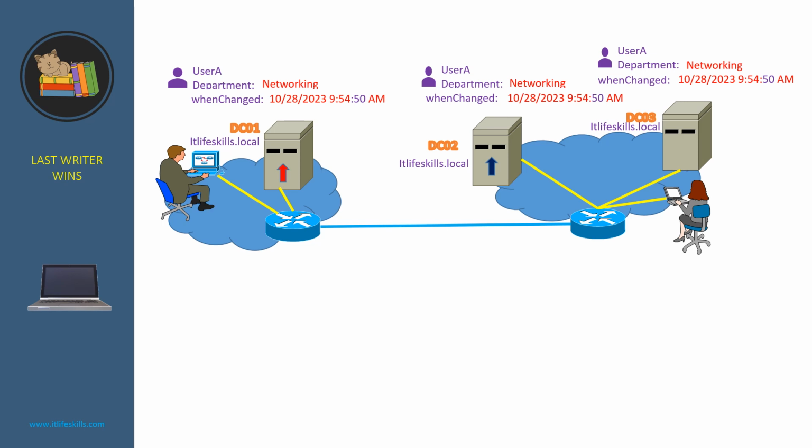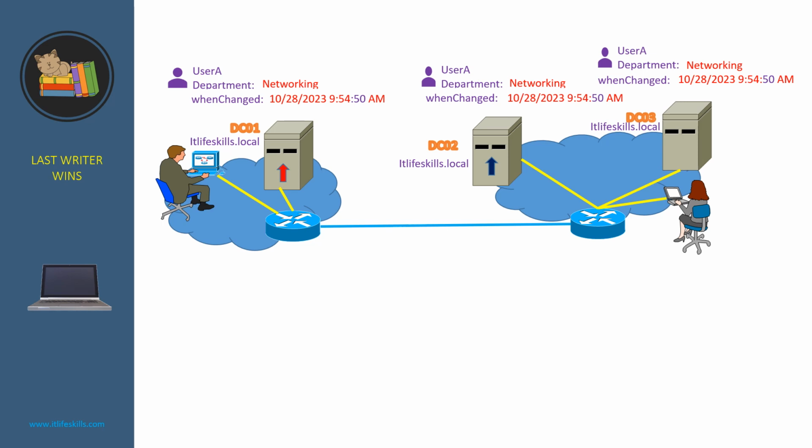Finally, the change on DC1 is replicated to DC3, and DC3 checks the timestamp of the change and finds it is older, so it drops the change. In the next replication, all the timestamps are the same, so no change is made.